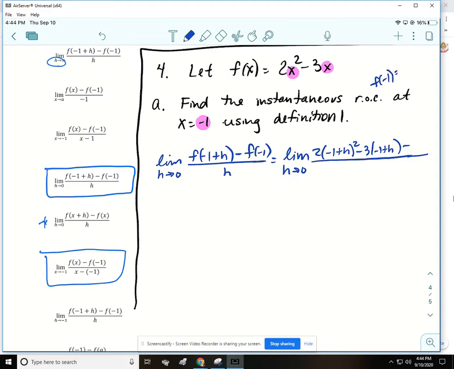From that, we're going to subtract f of -1. So when I plug -1 in for my x and I square it, I get 1, and then 1 times 2 is 2. When I put it in for my other x and multiply it by -3, I get +3. So that's going to be 5. You guys try to simplify that one down on your own, please.